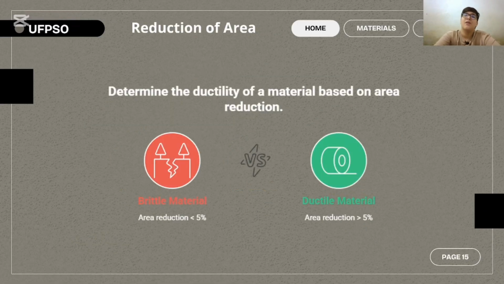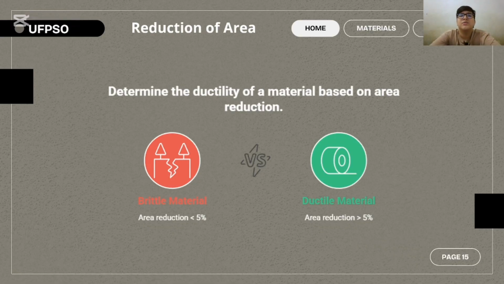The reduction in area is similar to the percentage of elongation; the difference is that instead of the length, it uses the initial area and final area.